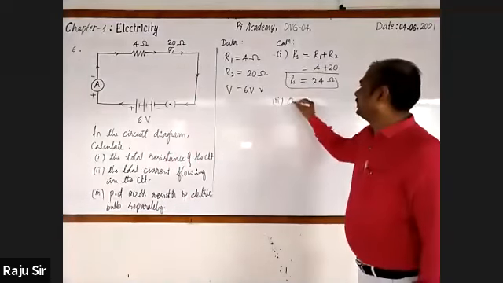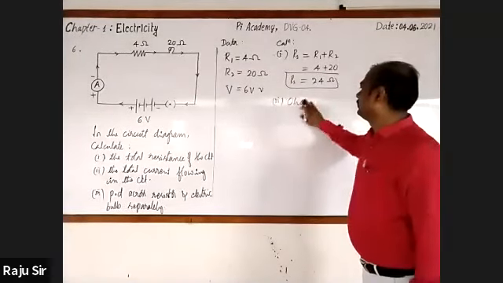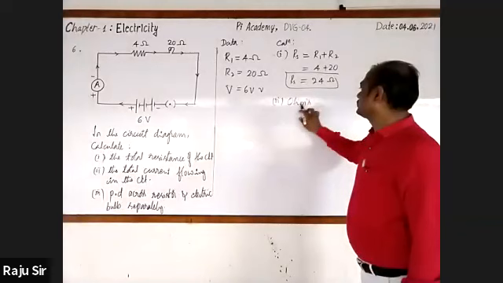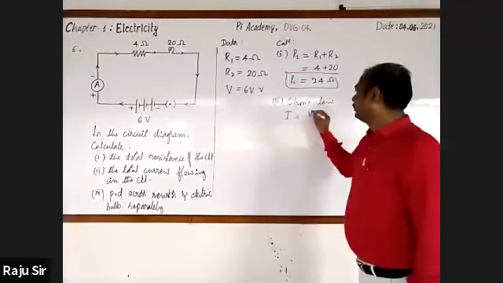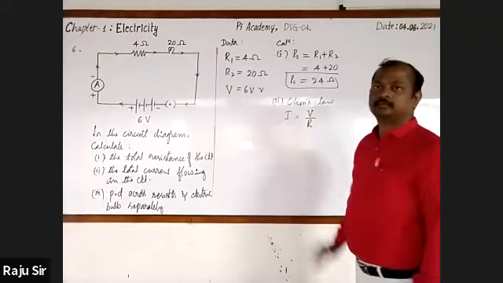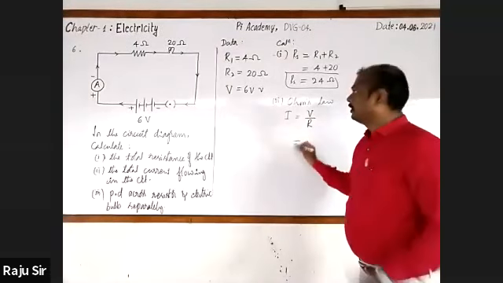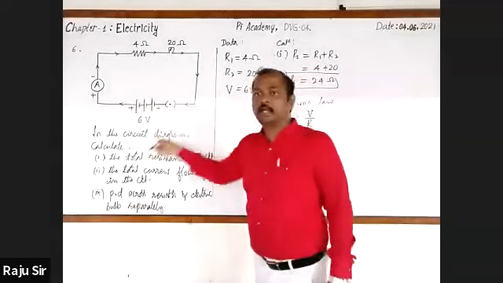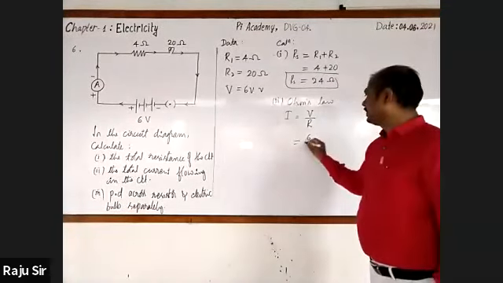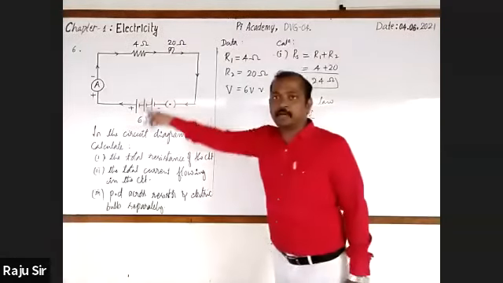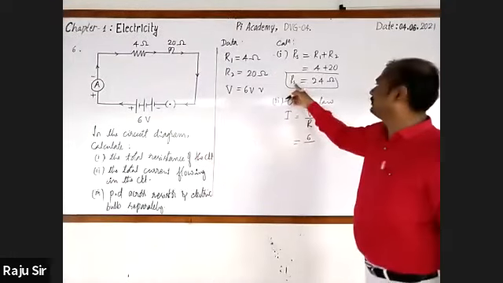Let us write by Ohm's law. By Ohm's law, we can write I is equal to V by R, where the voltage of the entire circuit, nothing but the voltage of the battery, is 6 volts, and the resistance offered by the entire circuit is nothing but Rs.